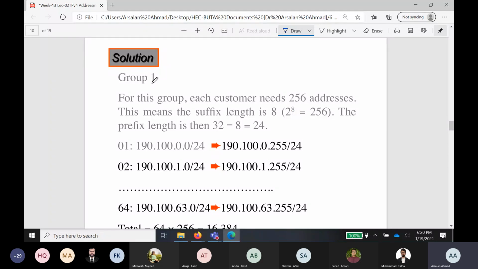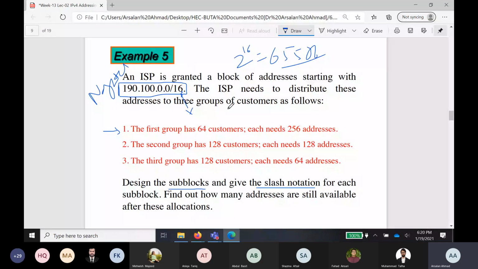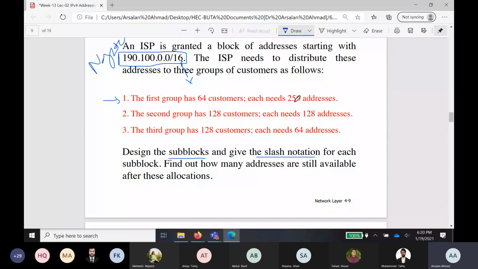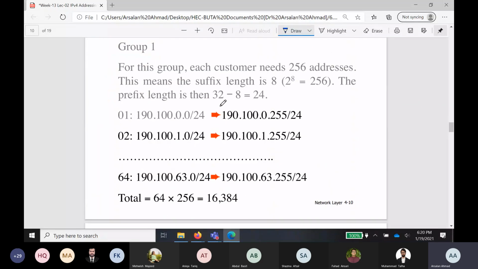So group one is 64 customers, each requiring 256 addresses. So we will design the subnet customer by customer.